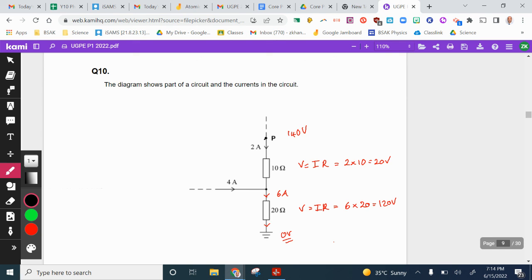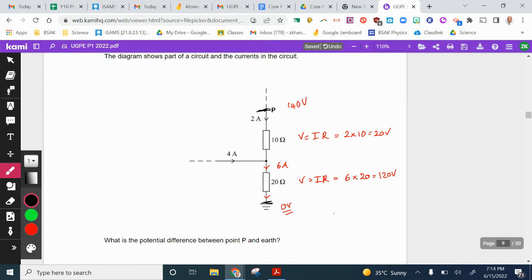And the potential difference across this resistor is 6 times 20, which is 120 volts. These two components are in series, so the potential differences add up. We're looking at the potential difference between this point and this point. So because these two are in series, we add the potential differences up, and that's 140 volts between P and the earthing point.